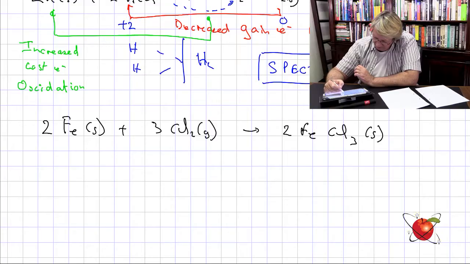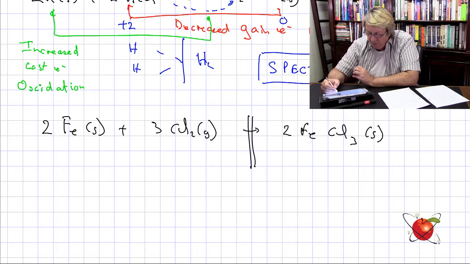I'm just going to, for a moment, identify the half reactions which are unbalanced, because then you'll see how the electrons work out that we need to balance out. So what has happened here? The iron solid has gone and it's formed with something else.